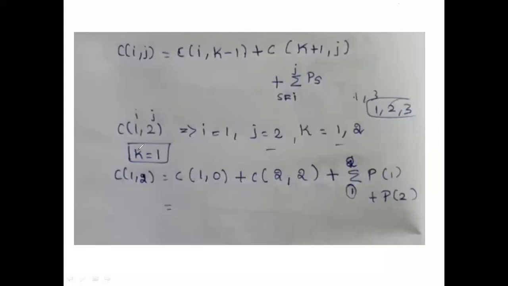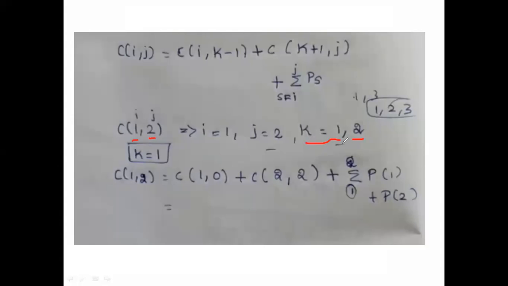The first one is C of 1 comma 2, so 1 is i and 2 is j. 1 comma 2 means we have only 2 elements, 1 and 2. So the k value should be either 1 or 2.